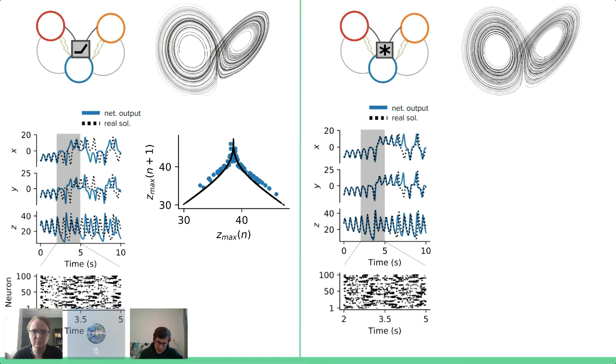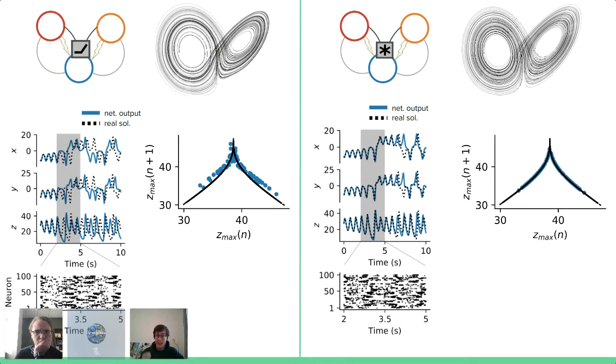And these consecutive peaks, if you scatter plot them, should follow a specific pattern that is plotted here in black, this kind of upward facing arrow. And you can notice that the network with nonlinear dendrites can follow this pattern quite decently, although the overlap is not perfect. Whereas if you do the same analysis for our multiplicative interactions, the overlap is much, much nicer.